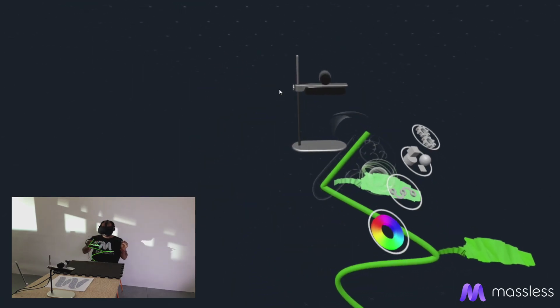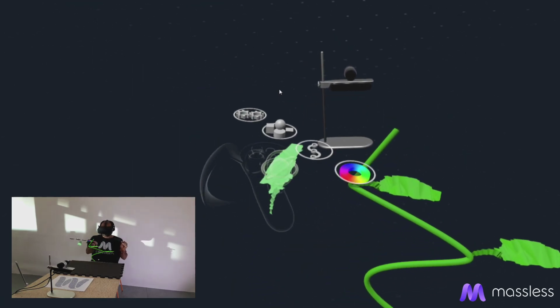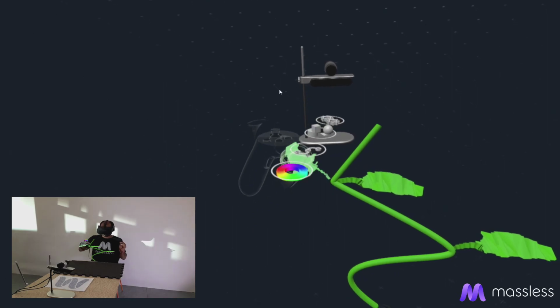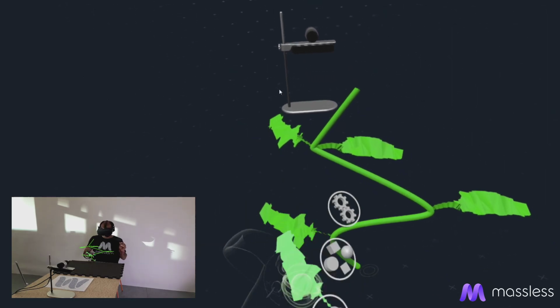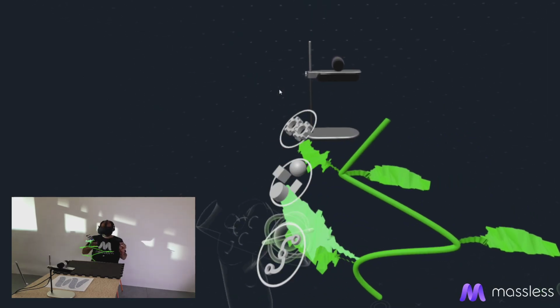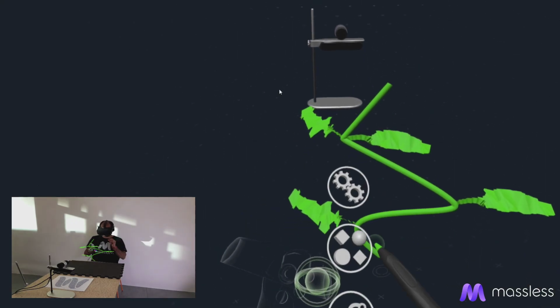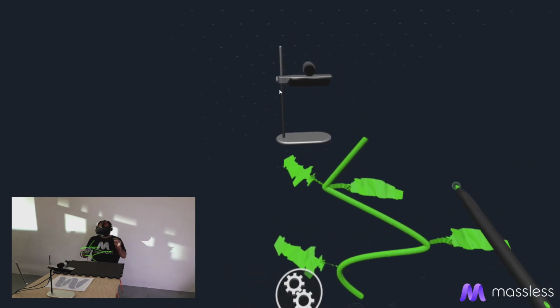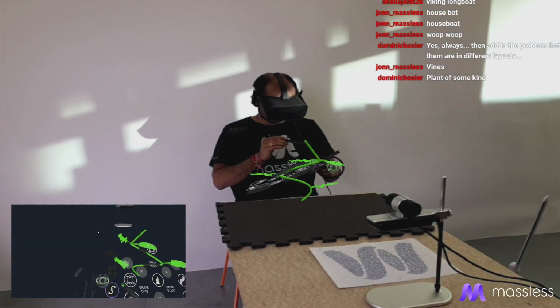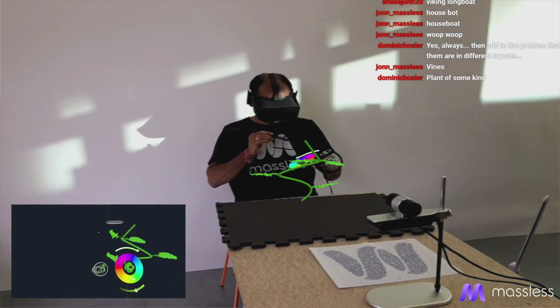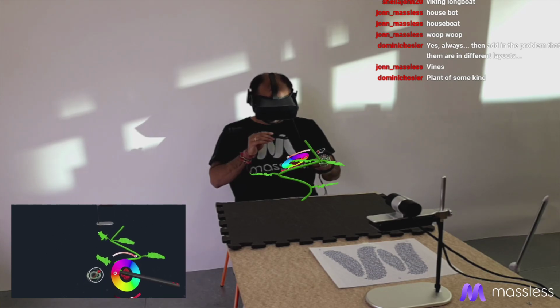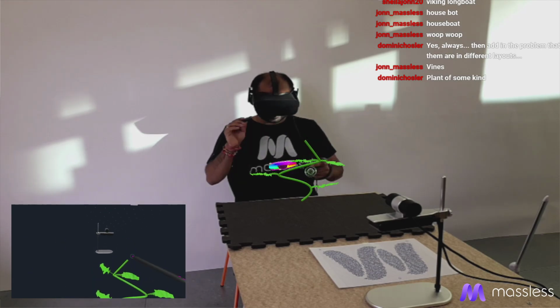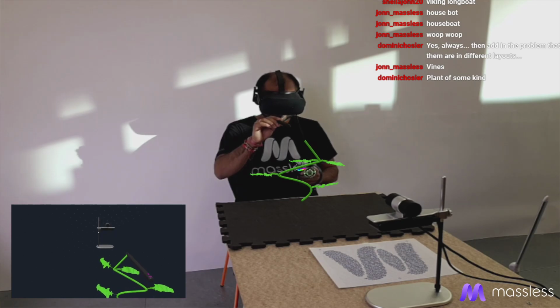So looking good, looking good. Starting to take shape now. Let's see what we've got. We've got vines. Going over to, yeah, we've got a plant of some kind. All valid, I think. It's all valid, based on what's been drawn. Maybe a bit vague.